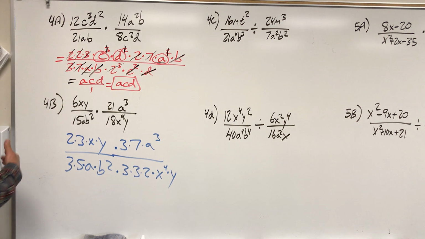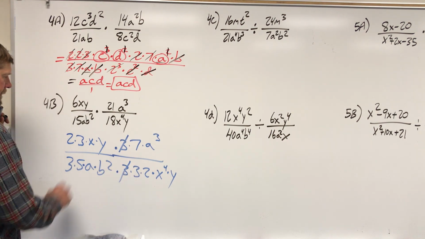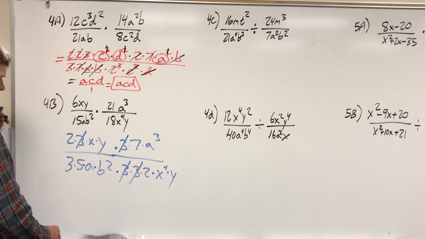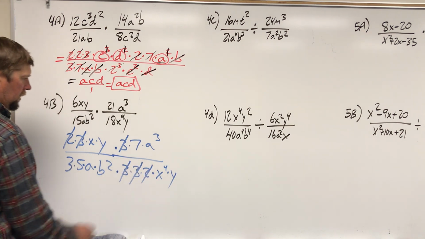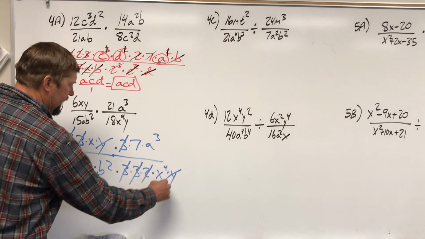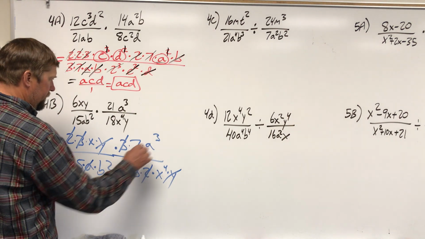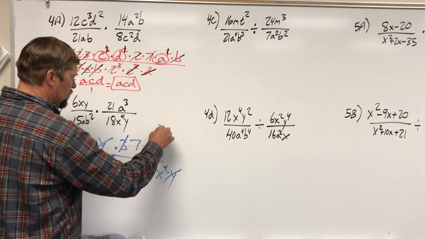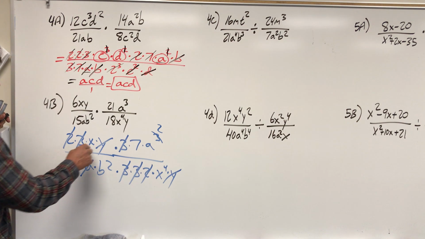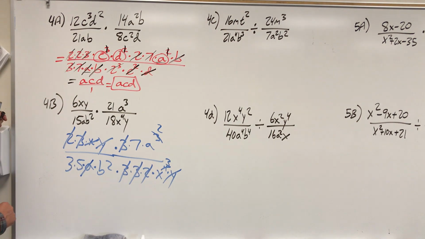All right, so like I said, I just factored everything out, spread it out, and eliminate what I can. So a 3 there. I have another 3. I have another 2. I have a single y top and bottom. I have a single a on the bottom, so that makes this 2 left. I have a single x on the top, that makes this a 3 left.